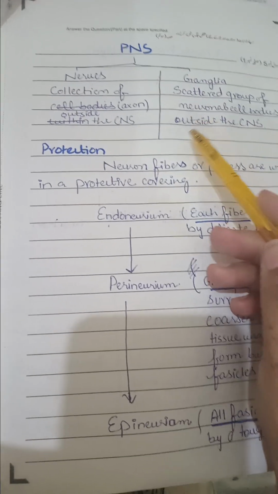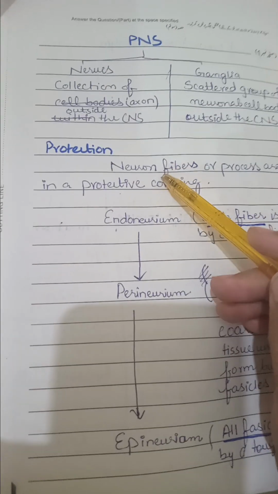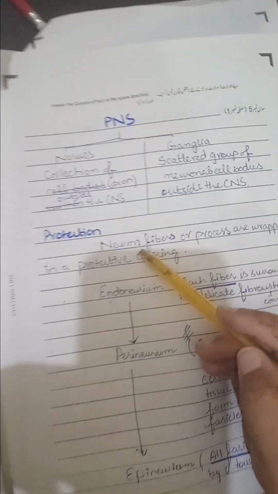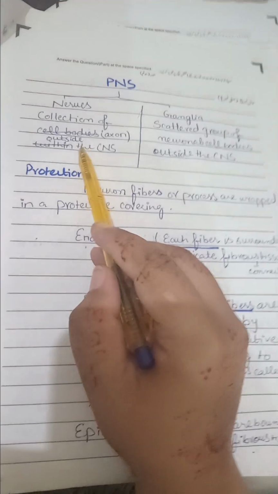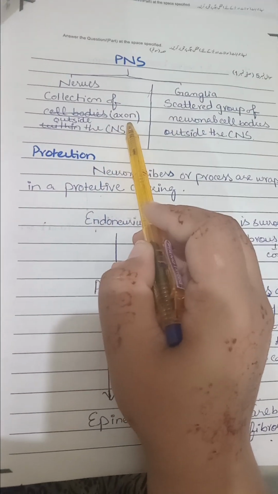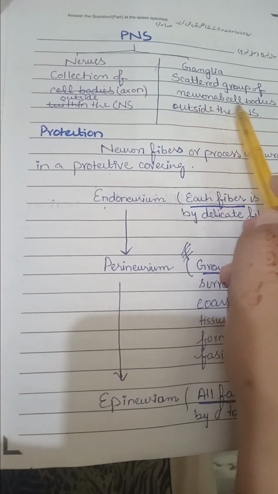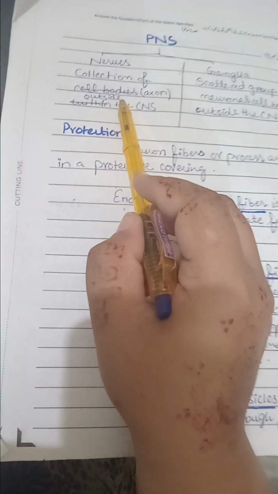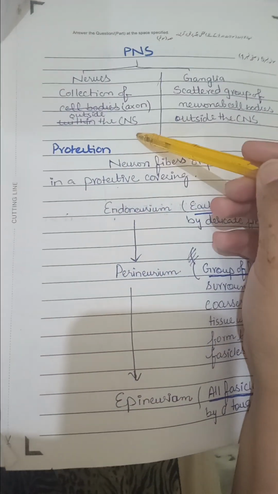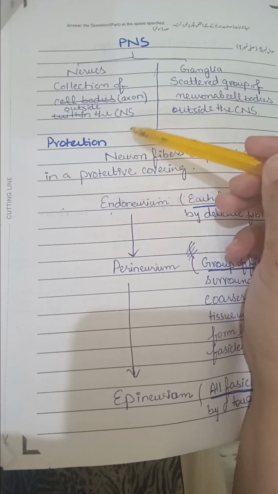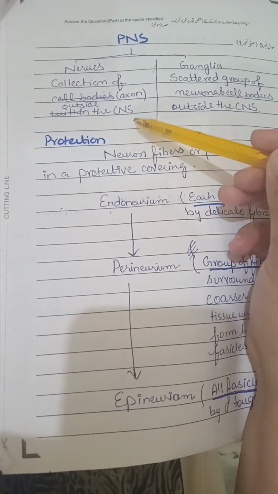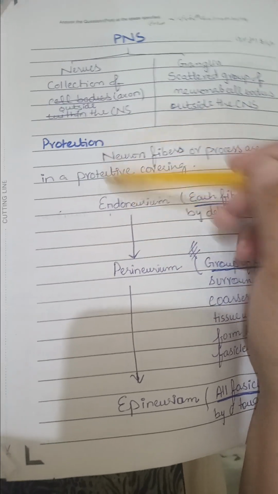It is not inside the brain or inside the spinal cord. Here nerves is the collection of axons, and ganglia is the collection of neuron cell bodies. What is the difference between cell bodies and the axons? Axon is the structure which is emerging out of the cell body, like the long part which we are having.